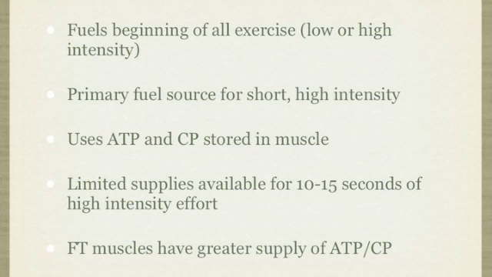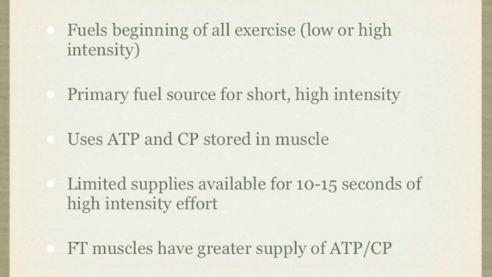So someone is a soccer player, they're easily jogging around the field, but then they go into a short burst of effort. That's the phosphagen system. And there again, it uses ATP and creatine phosphate stores that are already within the muscle. And these supplies are very limited, and phosphagen system can only fuel exercise for about 10 to 15 seconds.